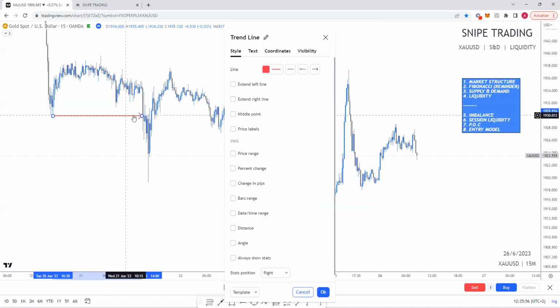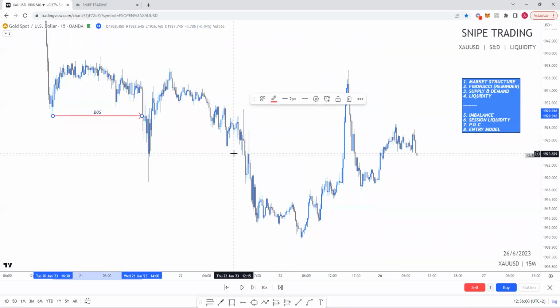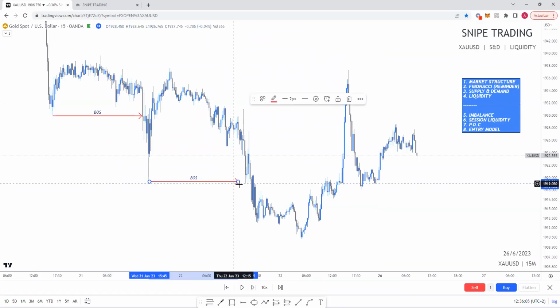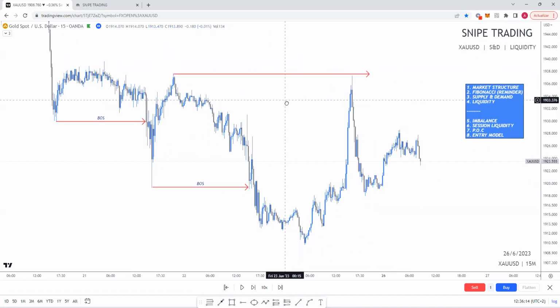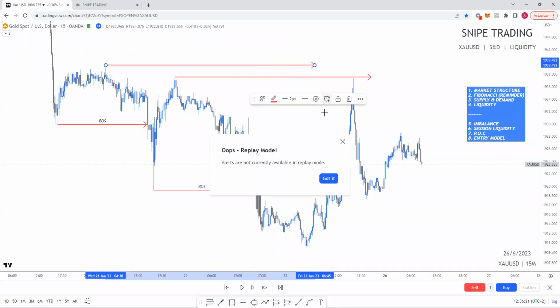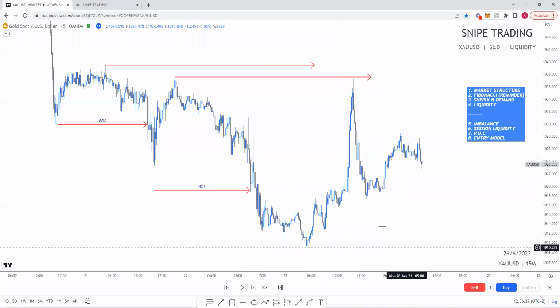Clearly, we have this breakout structure. We have this breakout structure and price is failing to break any high to the upside, okay? So price is just analyzing market structure. Price is creating lower lows and lower highs without breaking any high to the upside.